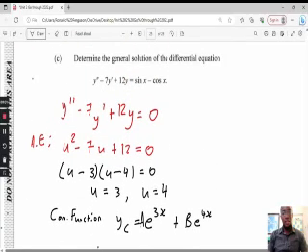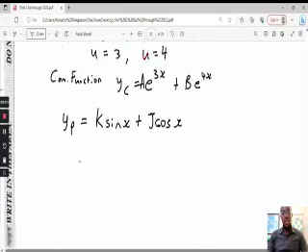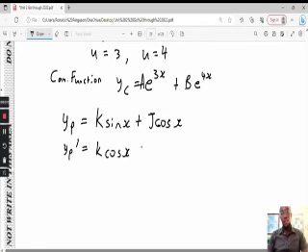That means yp prime would be, differentiating this, when you differentiate sine, you get cos, and when you differentiate cos, you get minus sine.